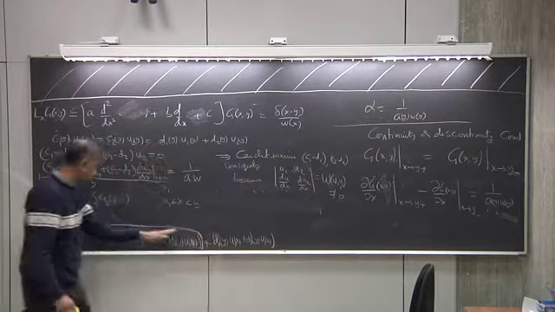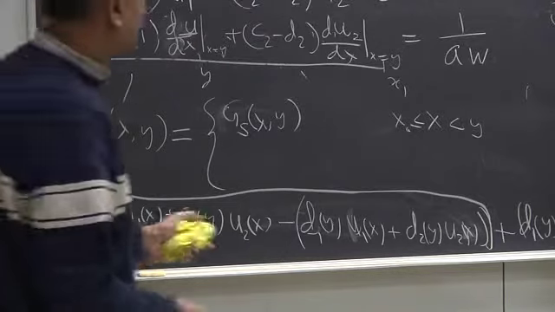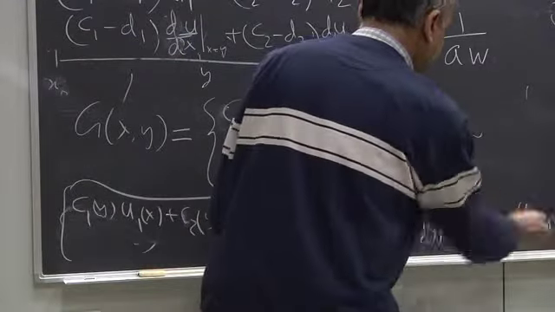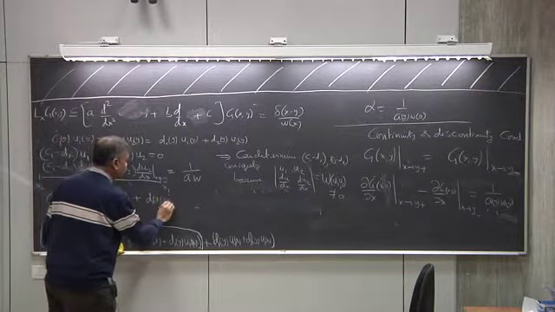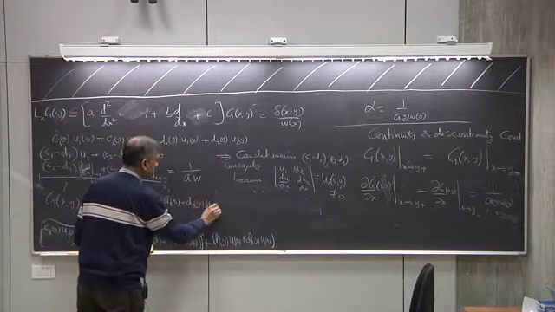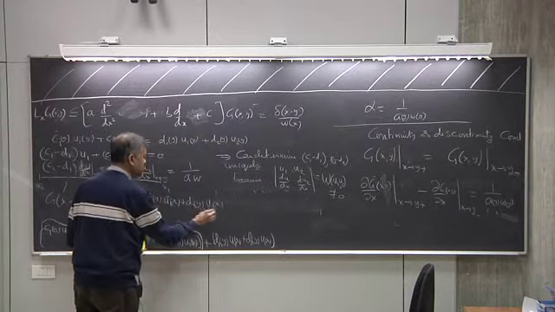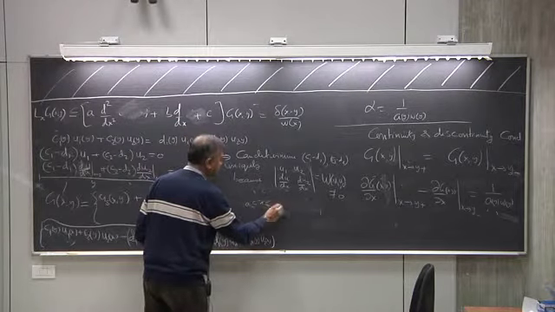I cannot play with that. So that, plus of course this remaining piece, d1(y)u1(x) plus d2(y)u2(x), in the region a less than or equal to x less than y.